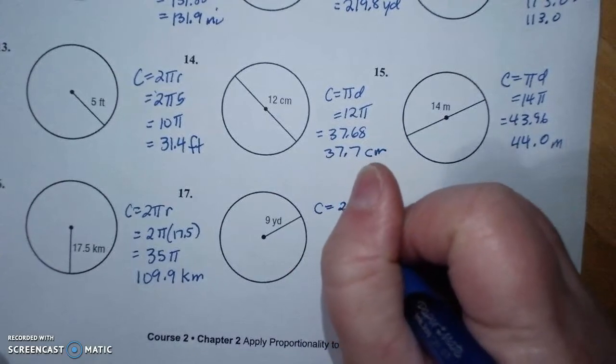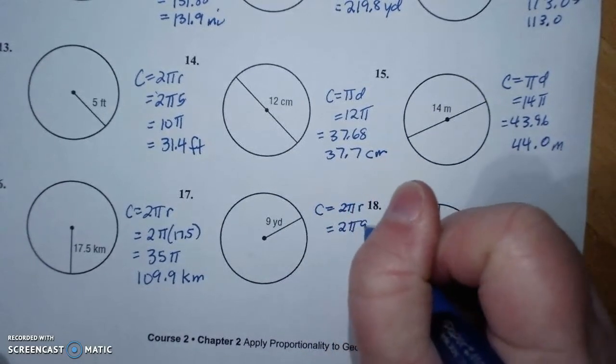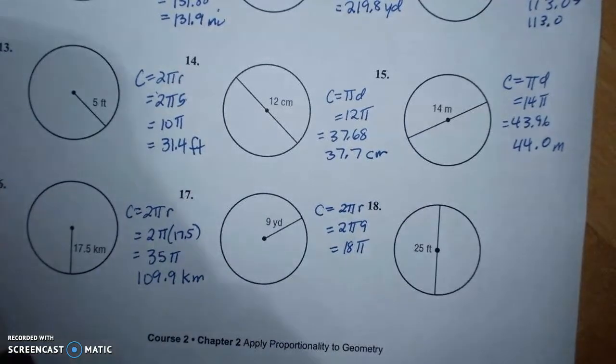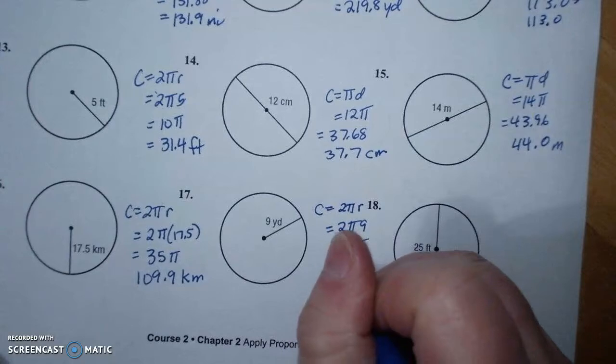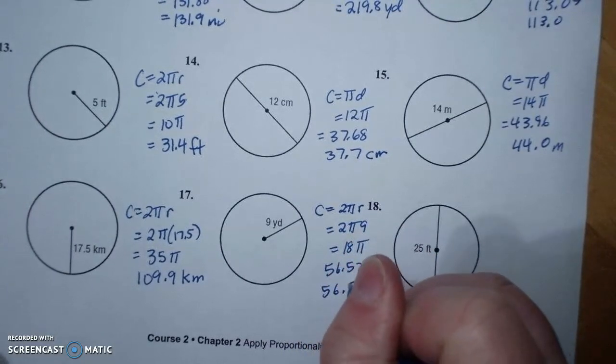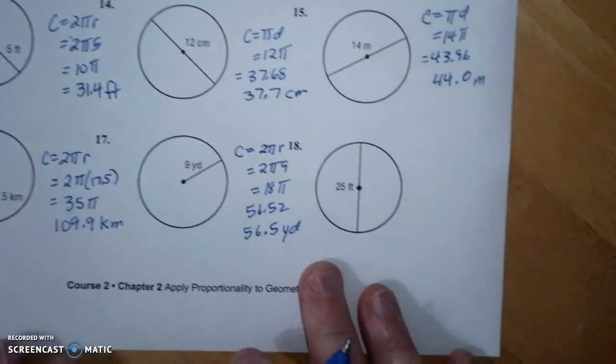C equals 2 pi r equals 2 pi times 9 equals 18 pi. 18 times 3.14 is 56.52. Rounded to the tenth is 56.5 yards. Whew! Remembered my units on that one.